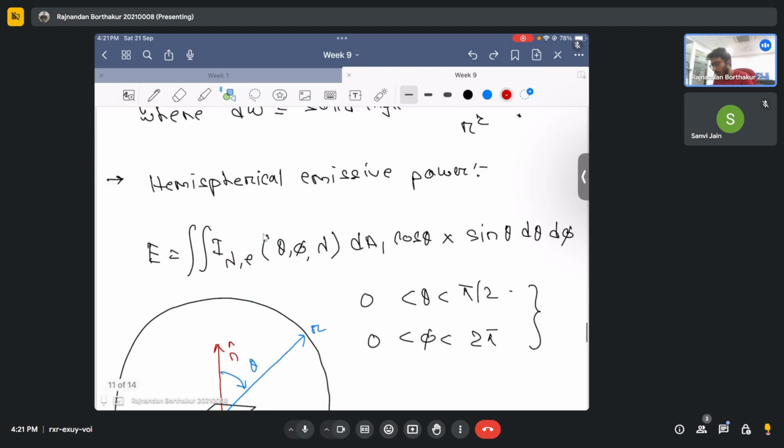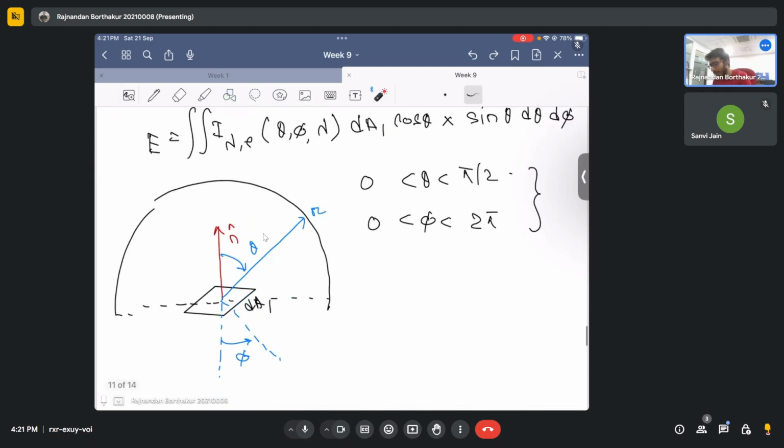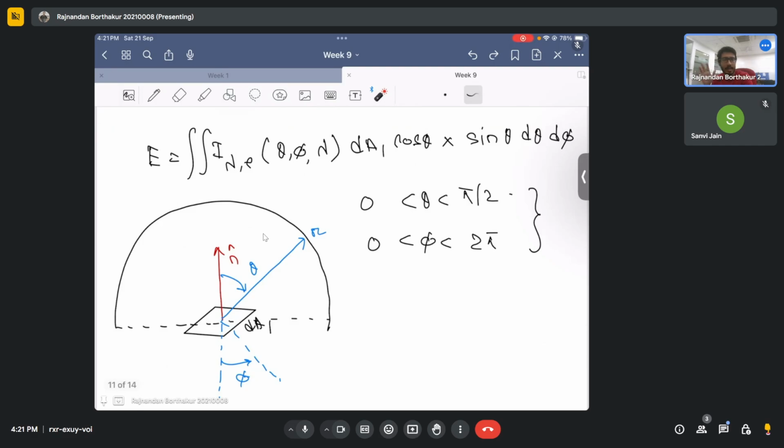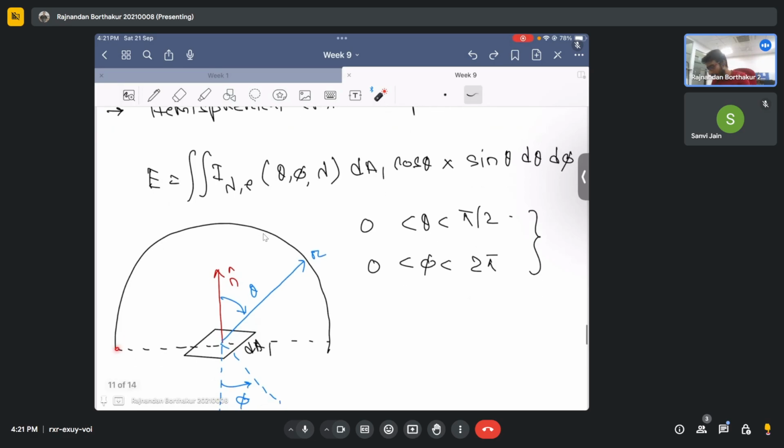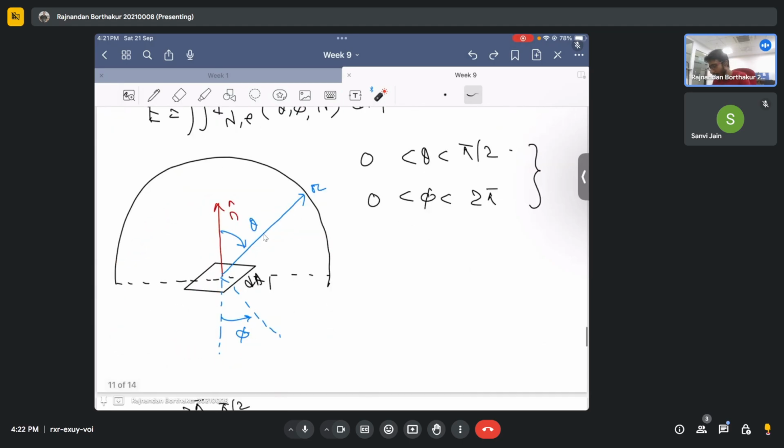I'll repeat. All this business that we did, relating the emissive power to the hemispherical emissive power, is because I also stated that the intensity of radiation depends on the direction as well as on the wavelength, and that's why we considered an arbitrary hemisphere surrounding the area dA1. My question is, why didn't we consider a sphere and instead considered a hemisphere?